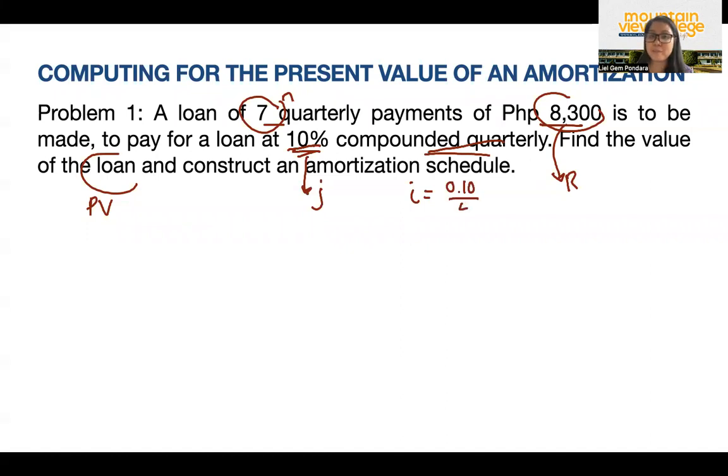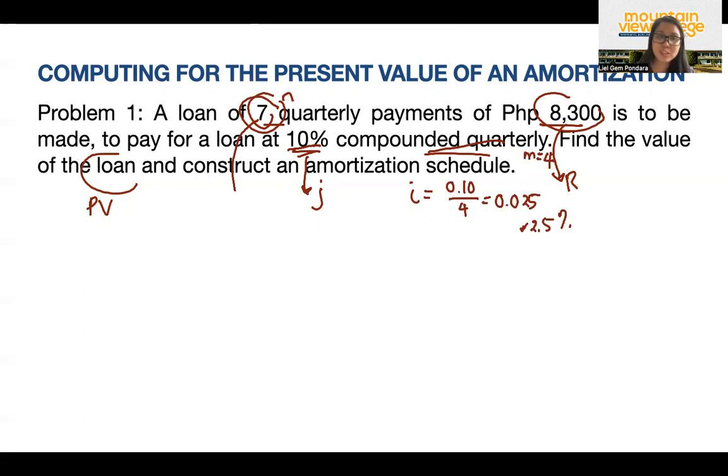Very good. So our M is 4, that is quarterly. And our T, that's for 7 quarterly payments. No need to solve for T, we have the N.